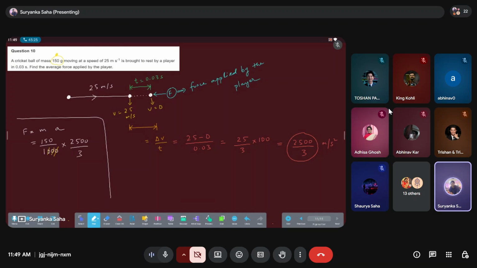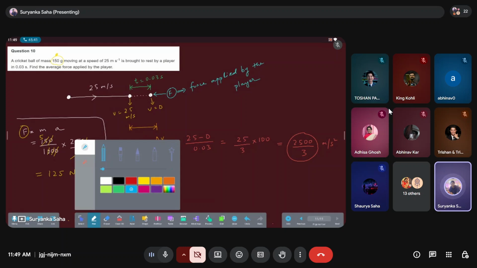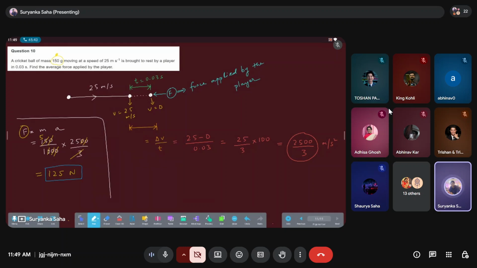So 3 zeros cancel, 3 zeros cancel, 3 fives are 15, and 5 into 25 is 125. We are calculating force, so it will be Newton. So this is your answer. You should learn from experience that sometimes you should leave the calculation pending and keep it in fraction form, because we are not required to calculate acceleration here. So no need to waste your time dividing 2500 by 3. You just put the value in raw form and calculate.